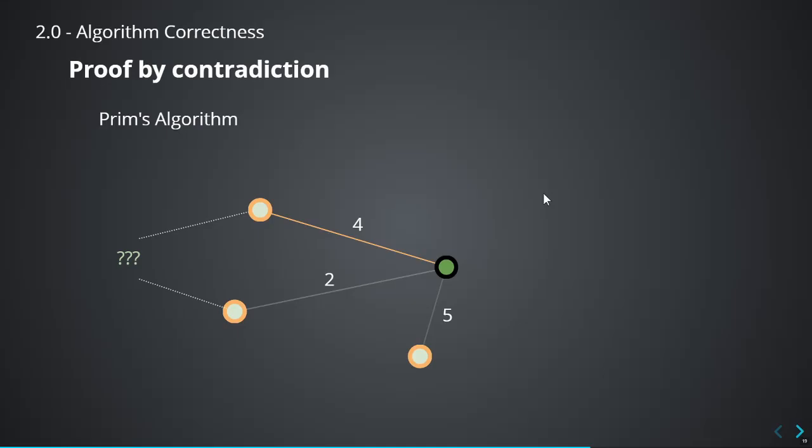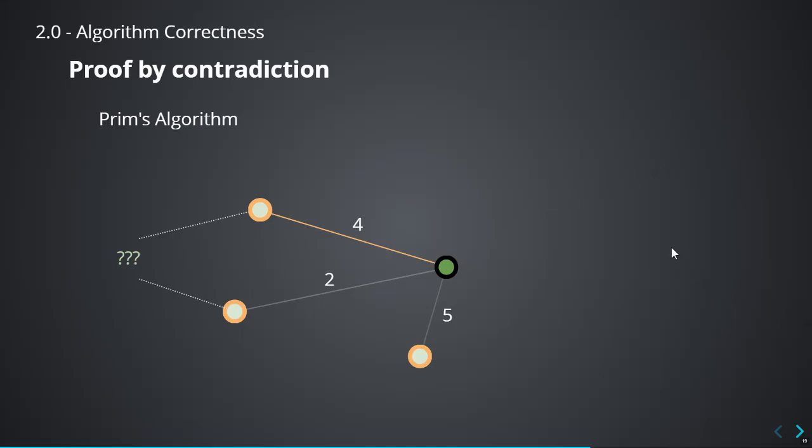I don't know which one, I don't care. But what I can do now is, if I take away the edge that costs 4, and I put in the edge that actually costs 2, well, now I have a spanning tree. It's still a spanning tree, right? Because everything's still connected, but it costs less. So whatever you had earlier, it can't be a minimum spanning tree. So that's proof by contradiction.